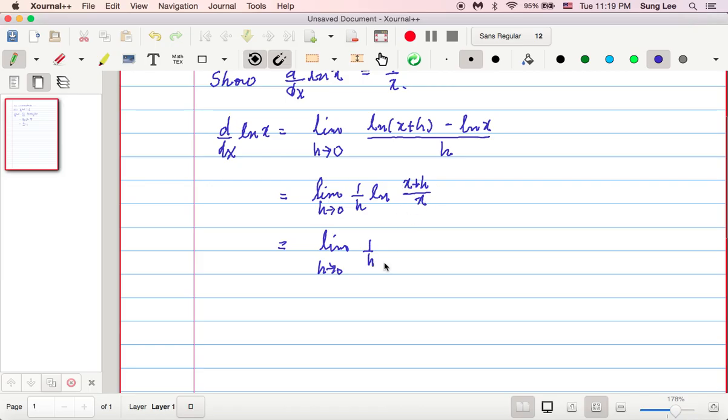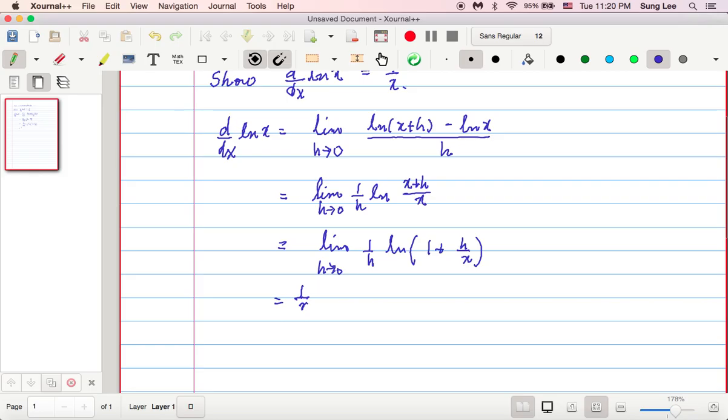And now you know that this is the same as ln of (1 plus h over x), right? Okay. Now what I'm going to do is multiply 1 over h by x, and then divide by x. Same thing, right? Give and take. So we still retain this equality.